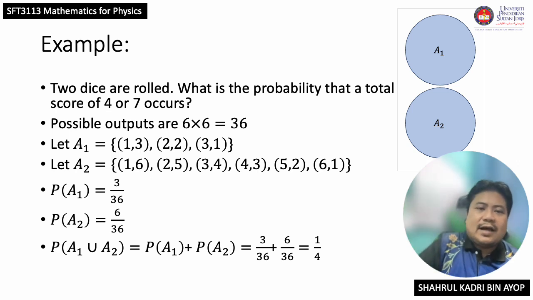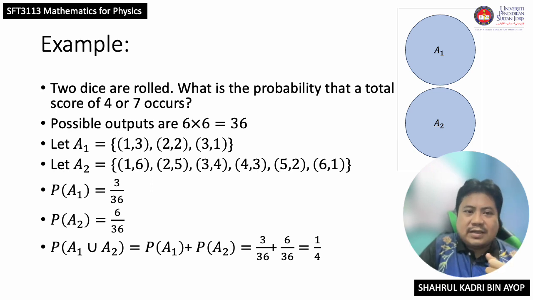Here, two dice are rolled. What is the probability that a total score of 4 or 7 occurs? That means we have two events: either we get a total of 4 or 7.